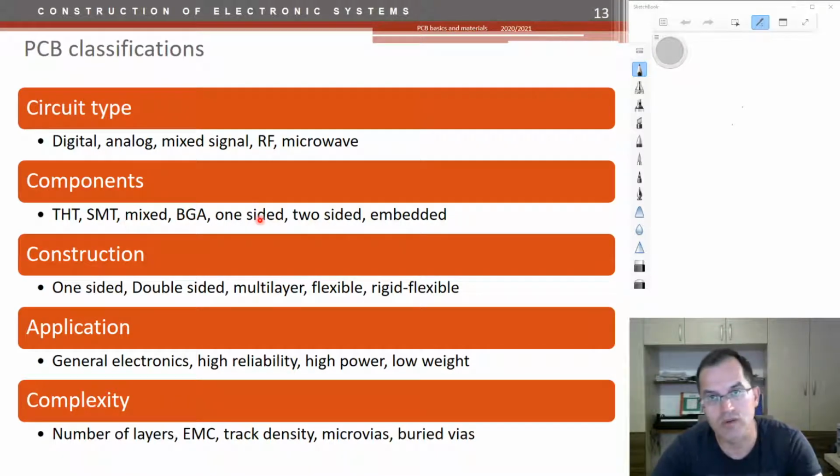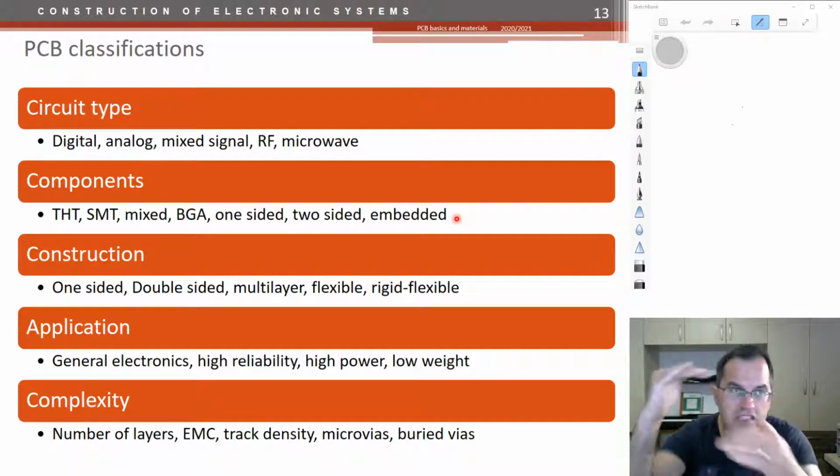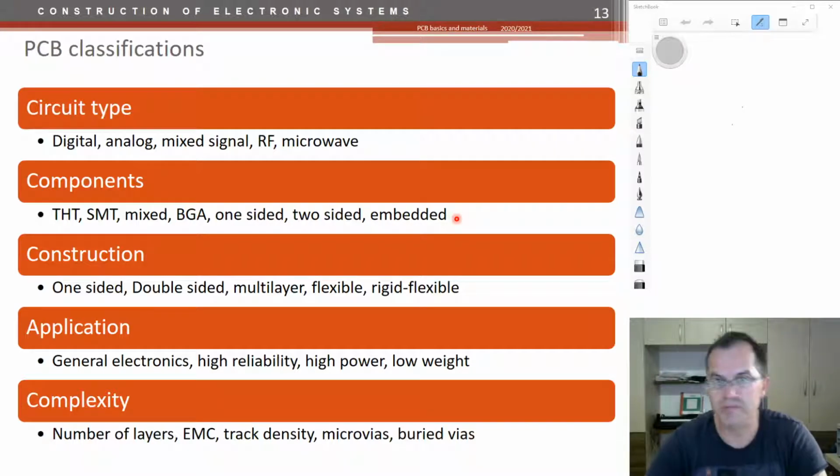Then you also have ball grid array components, which cannot be placed on every type of material. You have one-sided placement, double-sided placement of components. You can also have embedded components, which are embedded inside the layer. So you can have all these combinations.